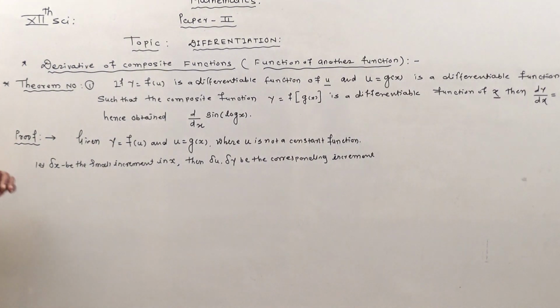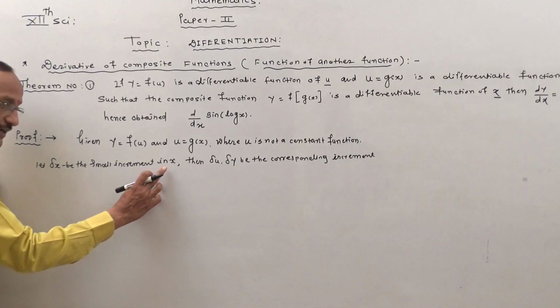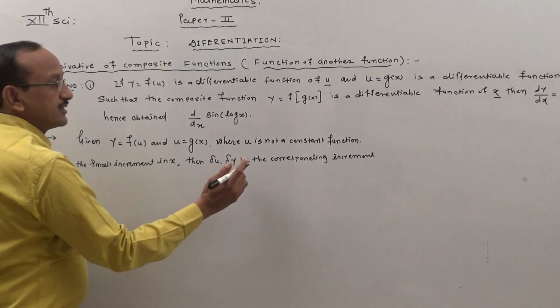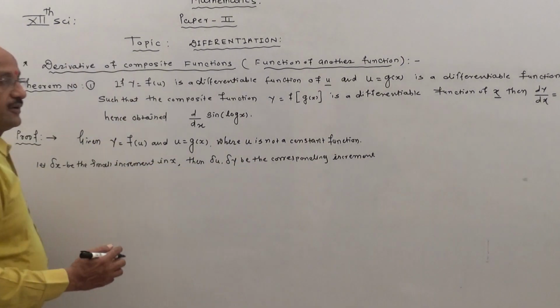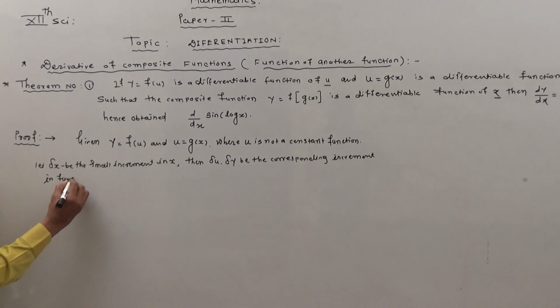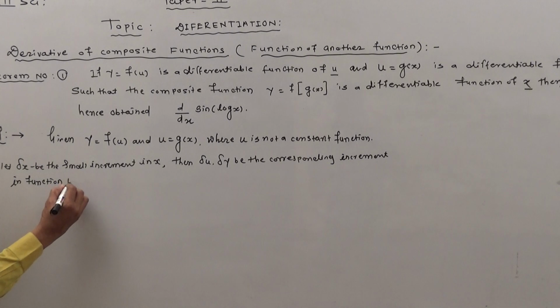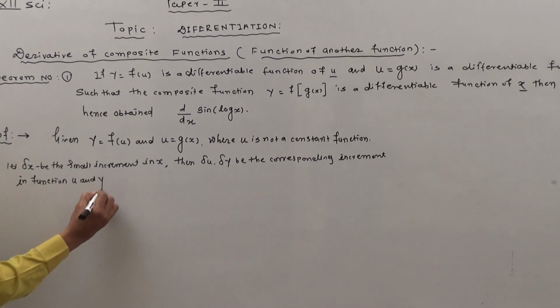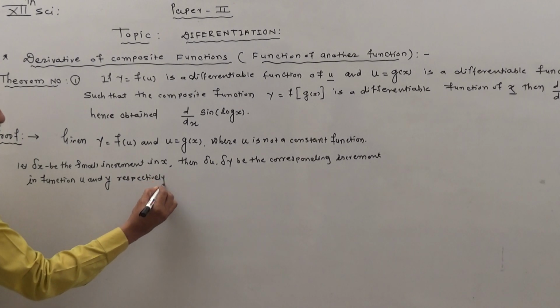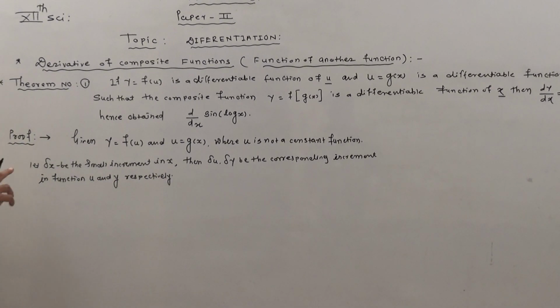Let delta x be the small increment in x, then delta u and delta y be the corresponding increments in the functions u and y respectively. Delta denotes the small change in the function.